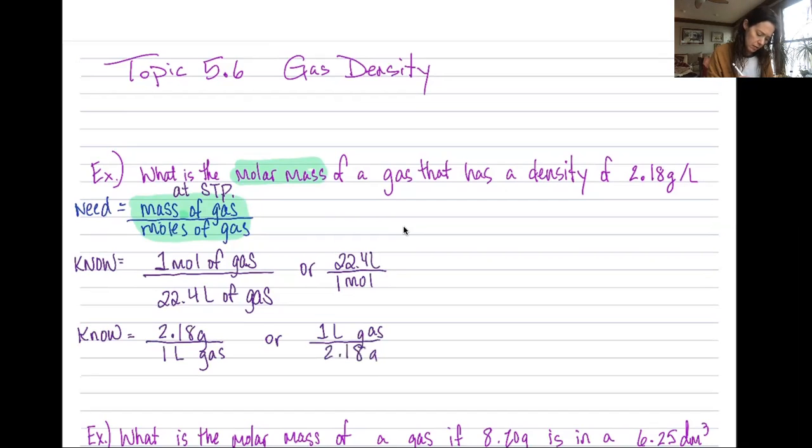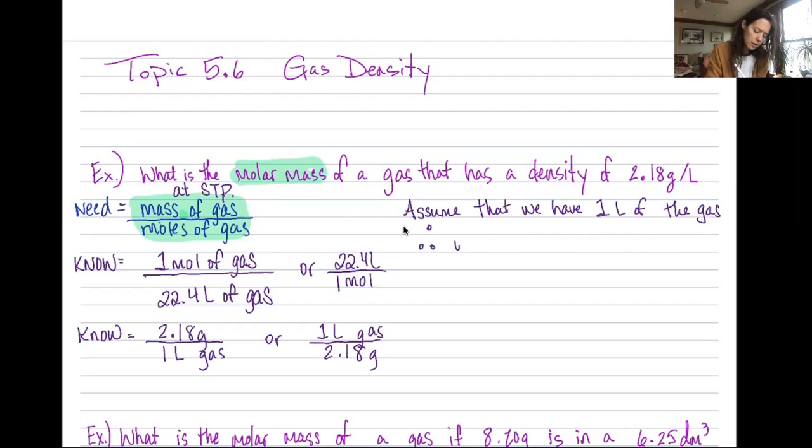So we are left to assume that we have 1 liter of the gas.